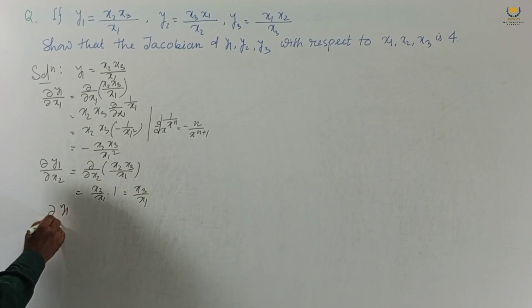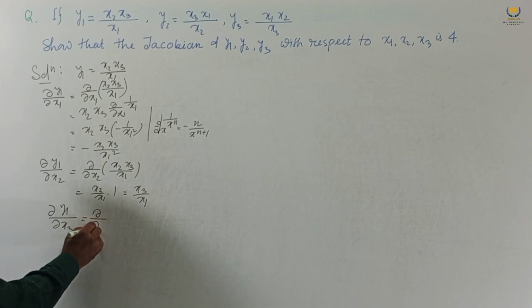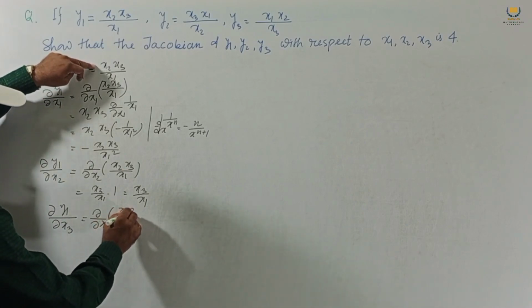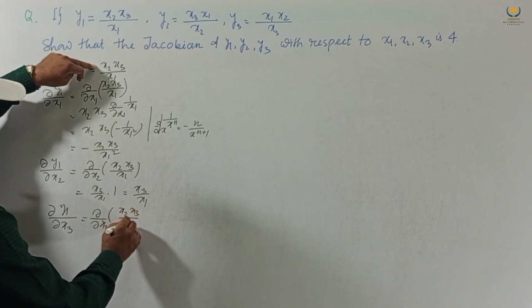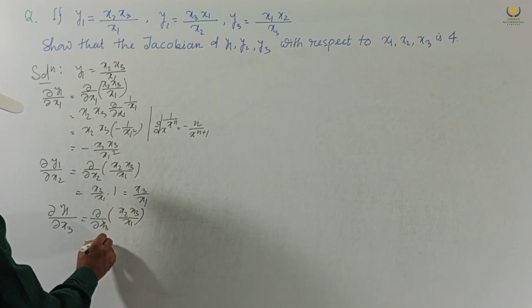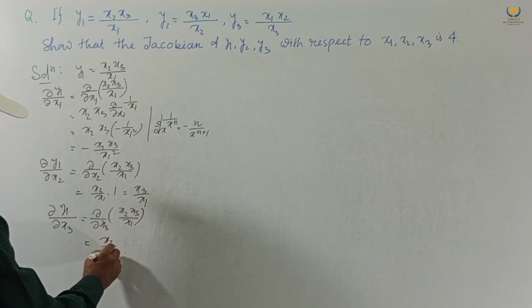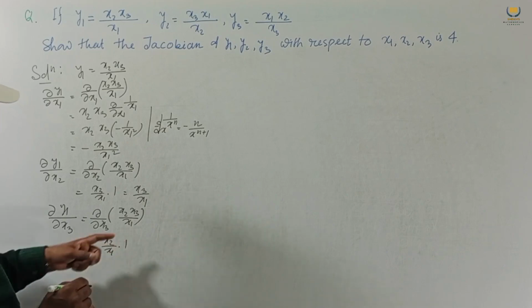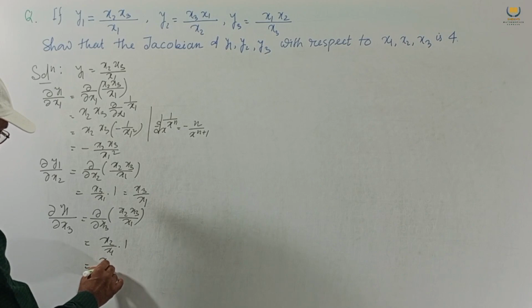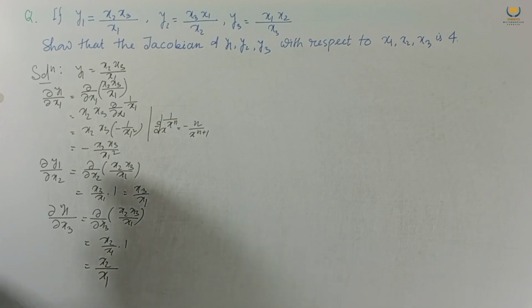Del y1 by del x3: y1 is x2 x3 by x1, so x2 by x1 into 1, since del x3 is 1. So we get x2 by x1.